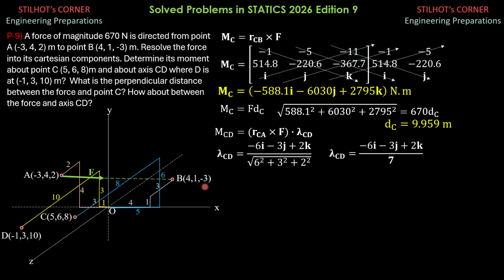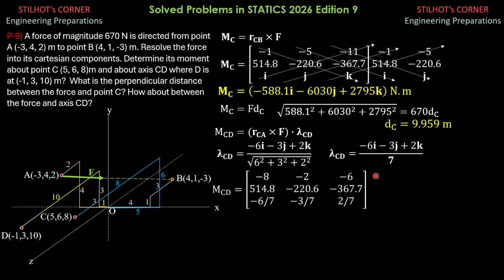Then for RCA, as I said, C to A. So -3 minus 5, -8, then 4 minus 6, -2, 2 minus 8, -6, component of force, then the components of the unit vectors, -6 over 7, -3 over 7, and +2 over 7.